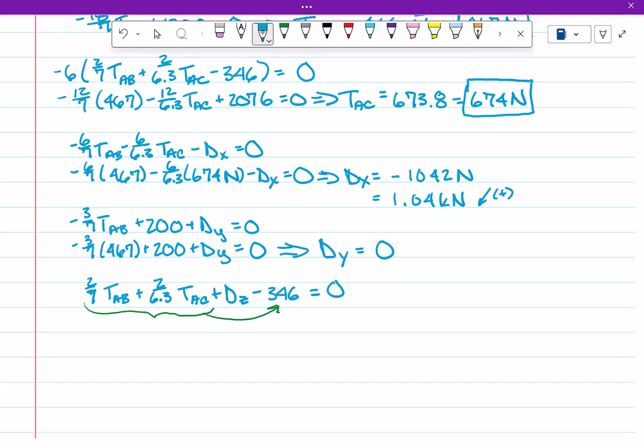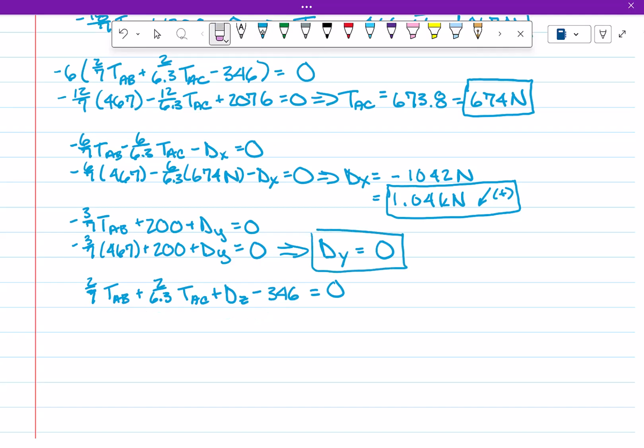That should be negative 200 plus 200, therefore dy equals 0. Interesting. Next, we have 2/7 times 467 plus 2 over 6.3 times 674.